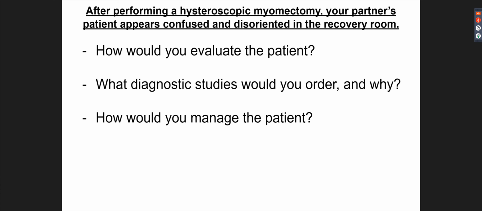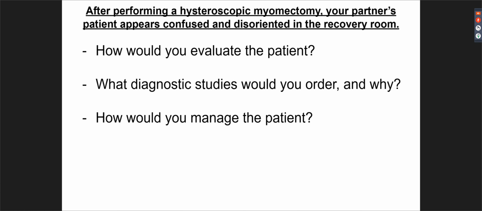So how would you manage the patient? Well, depending on my workup. Let's say I'm concerned about fluid overload, then I could start diuresis, which would also be the case if I'm concerned about hyponatremia.